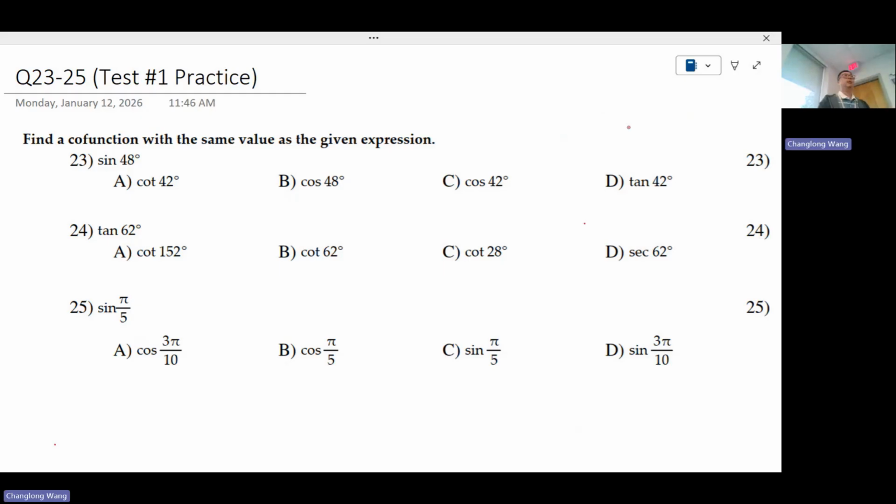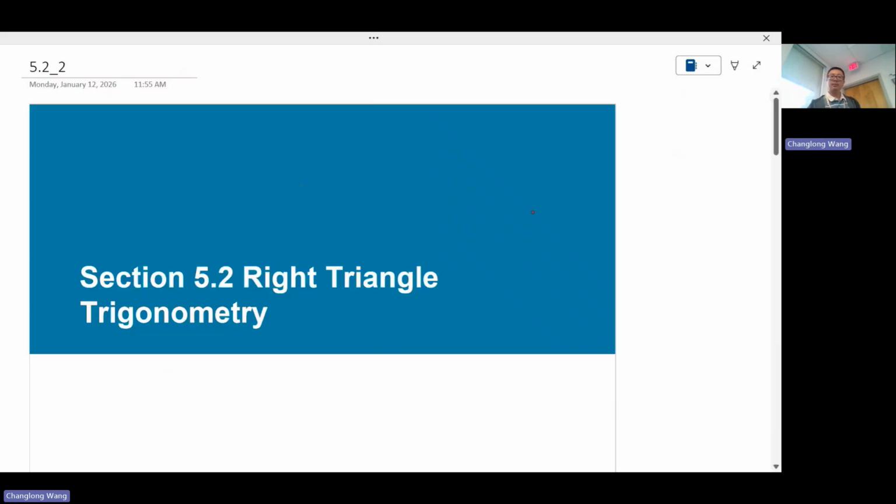All right. Now let me get to the last thing that we didn't do for 5.2. Just a little heads up for tomorrow. In class, we will do a practice. It's not a test, but it's very similar to the kind of diagnostic thing you did.